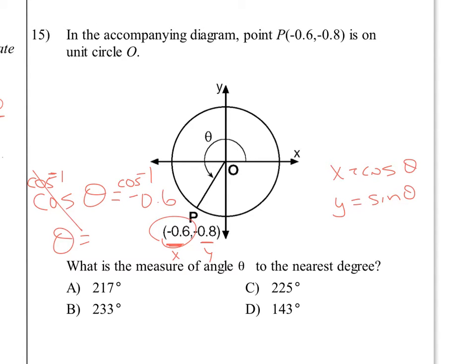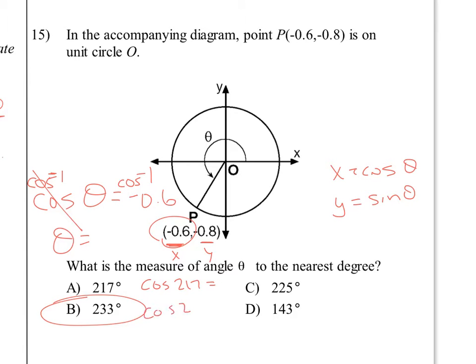There's nothing like this going to be on the test, so let me just give you the answer so that you have it. Sorry, it's 53 plus 180, 233. Probably the best way for you guys to do it would be just to do the cosine of 217 and see what that is.